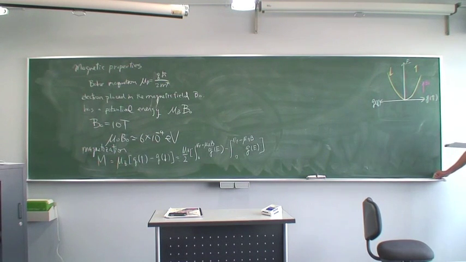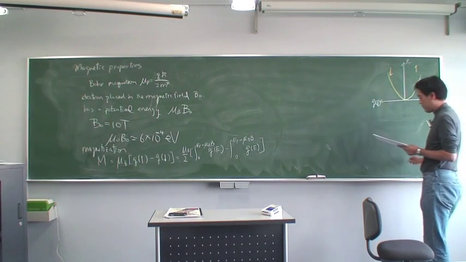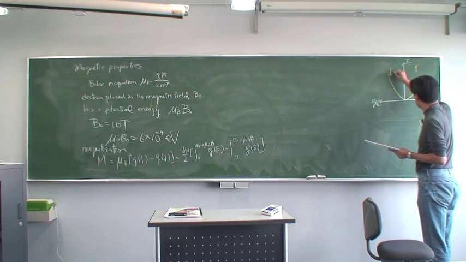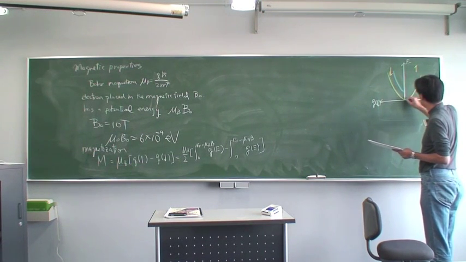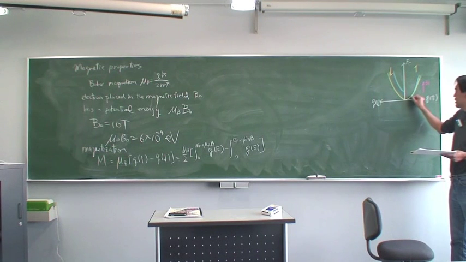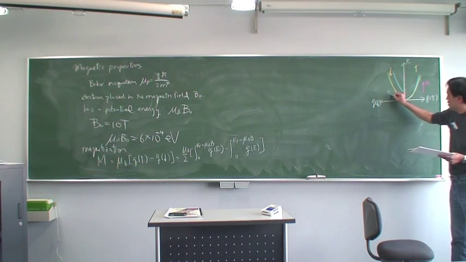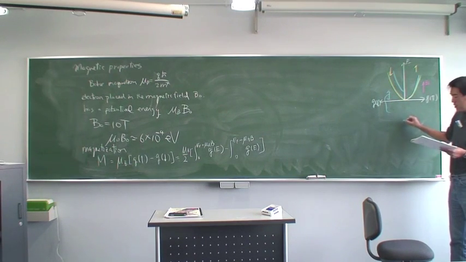Of course, if the magnetic field is this way, these are favorable conditions. So the energy becomes like this, something like this. Density of states. Okay?